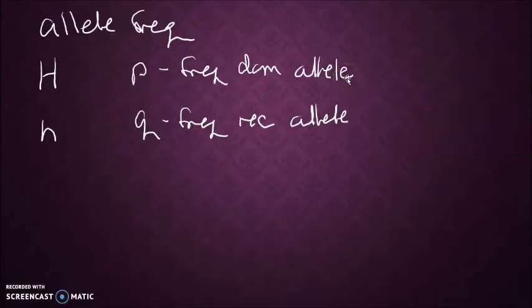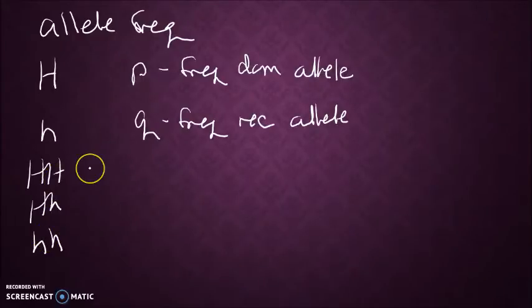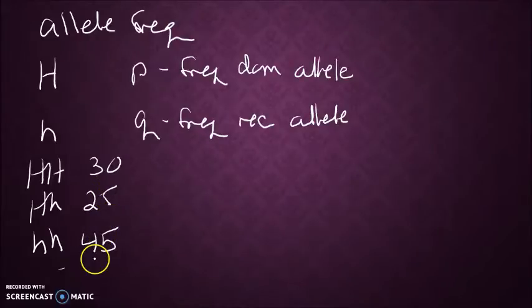All right. So in order to find these numbers, we need those original numbers that we started with. So we have big H big H, big H little h, and little h little h. We had 30, 25, and 45. Those are our actual numbers. That's 100 people.